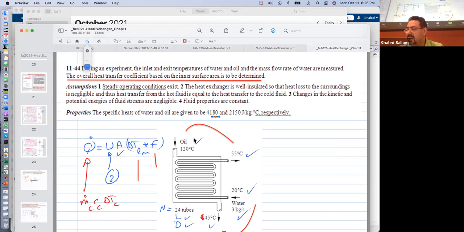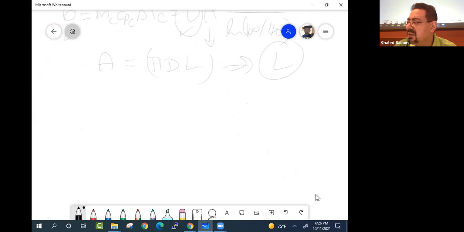Anyone? What difference does it make, U based on the inner area or U based on the surface, an outer area? So when you say Q is UA delta T logarithmic mean, this could be U in area in or U out area out.